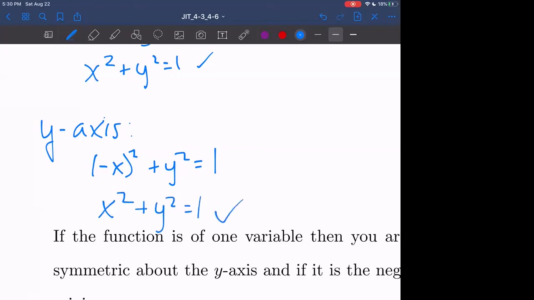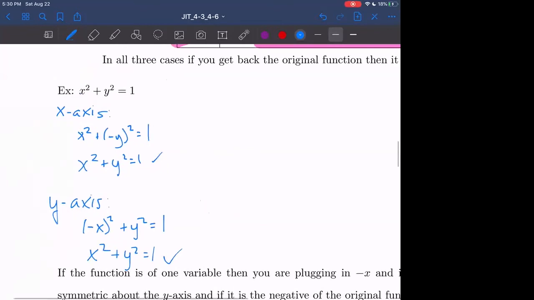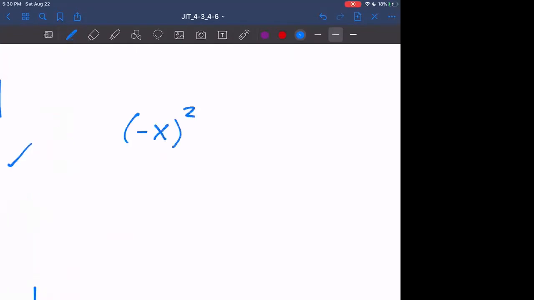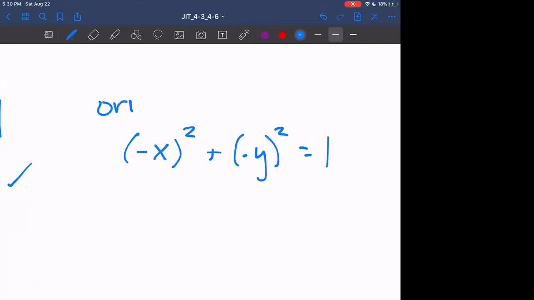So yes, it's symmetric. Okay, and then lastly, I plug negative x in for x and negative y in for y. So I'm testing for symmetry about the origin. Negative x squared is going to give back x squared. Negative y squared is going to give back y squared. And that is my original function, so yes.